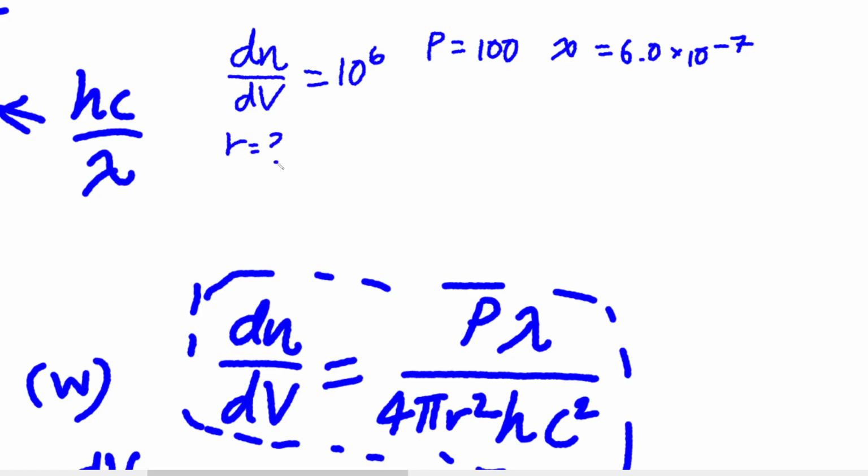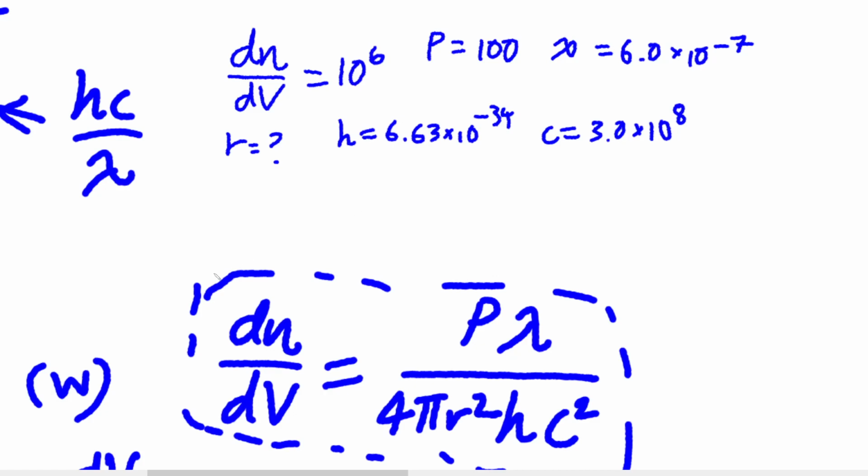R is an unknown. h is Planck's constant, which I'm just going to look up here, 6.63 times 10 to the minus 34. And c is the speed of light, or 3.0 times 10 to the 8 meters per second.